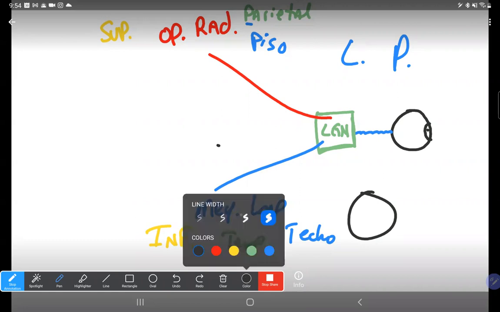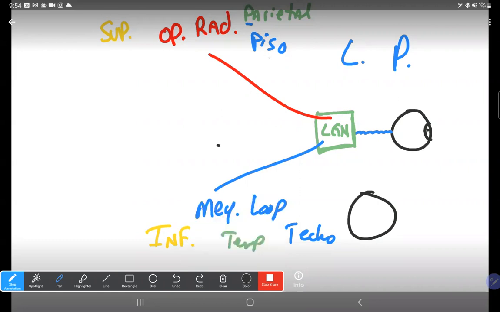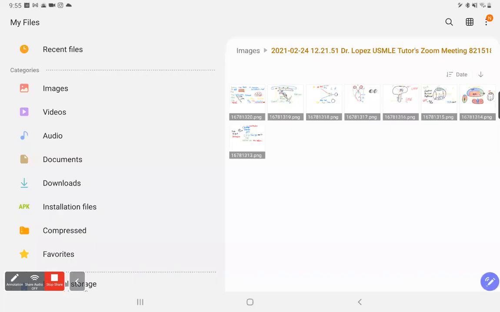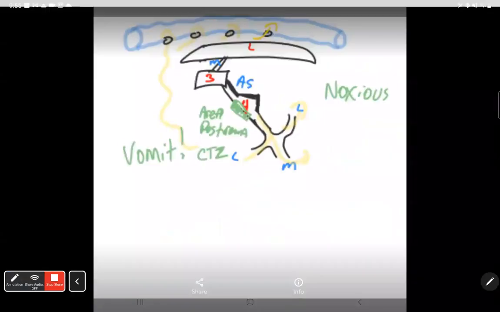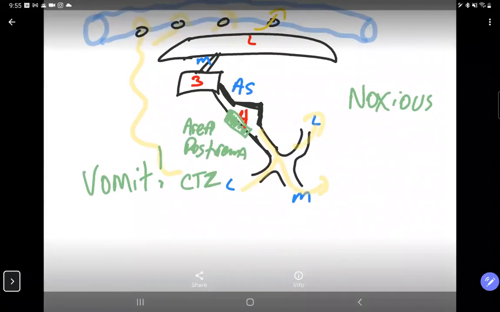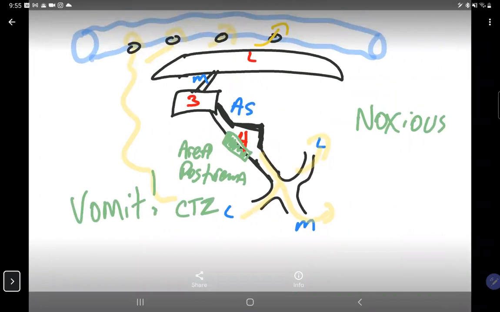Really quick for my non-Spanish speakers, piso means floor, techo means roof. It's just an easier way to remember this stuff. I saw an example of a patient who was in a car crash and hit the side of their head with the window. I'm like, oh, okay, so it was a parietal lobe lesion.